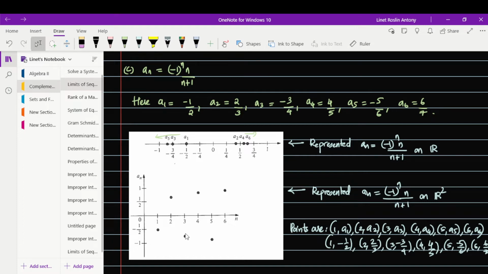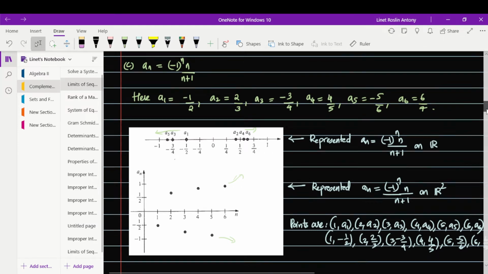Ordered pair 3, minus 3 by 4 will be here. Ordered pair 4, 4 by 5 will be here. Ordered pair 5, minus 5 by 6 will be here. Ordered pair 6, 6 by 7 will be here. And we can see that it is moving away, right? It is moving like this here and it is moving like this here. So we can understand that the sequence is actually not approaching a particular point, a particular number.